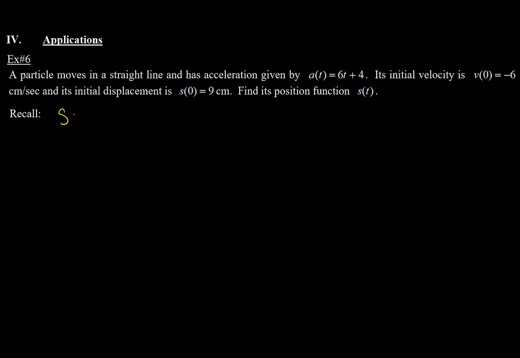So recall a couple of things. In this case, s is some position function. So remember that velocity is the derivative of the position function, and that acceleration is the derivative of the velocity function. So if I want to find velocity, I need to start with my acceleration function that they gave me.